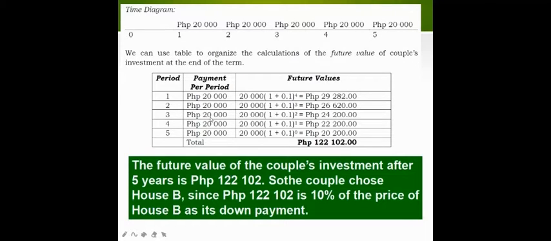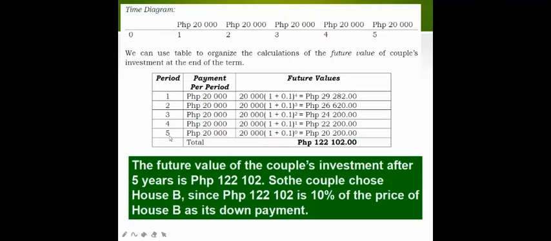For the third year, the 20,000, the future value is 24,200 pesos. In the fourth year, for 20,000, the future value is 22,000 pesos.